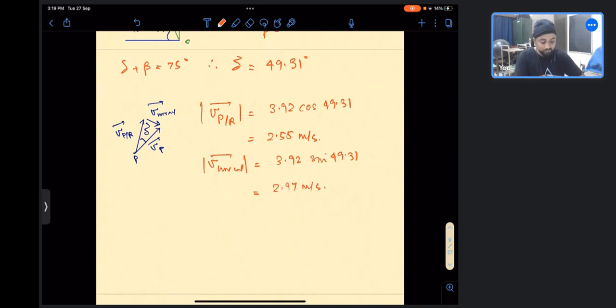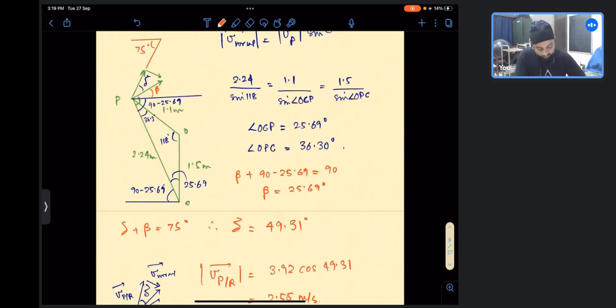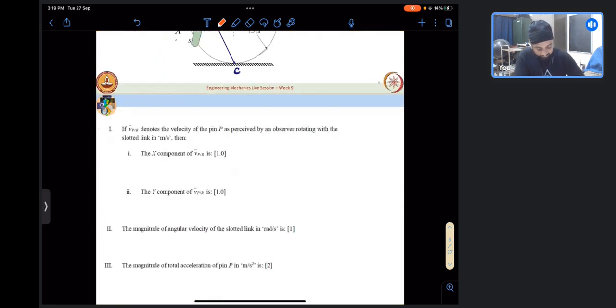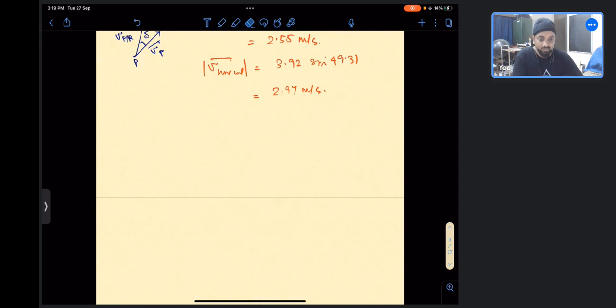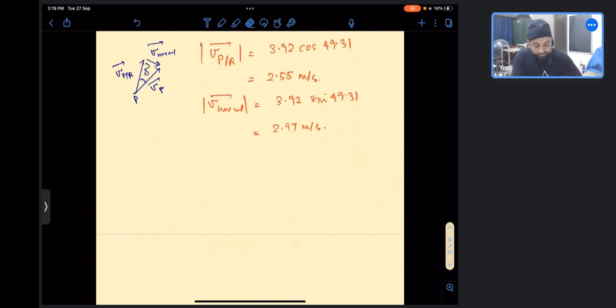Okay, so we know that the magnitude of this velocity Vp with respect to R is 2.55, but they have asked in component form, so we just need to resolve it along the x and y axes. VPR is along the slot, which is at an inclination of 75 degrees with respect to the horizontal.